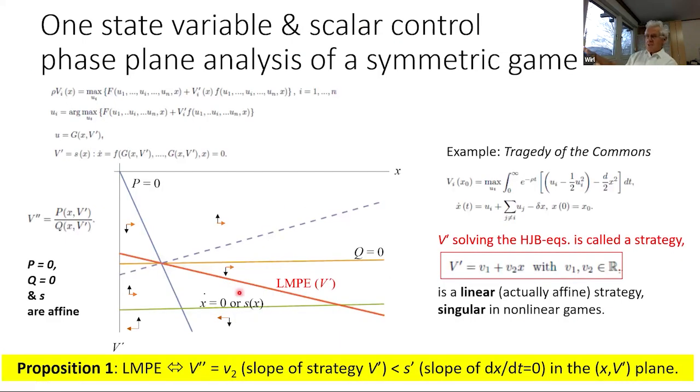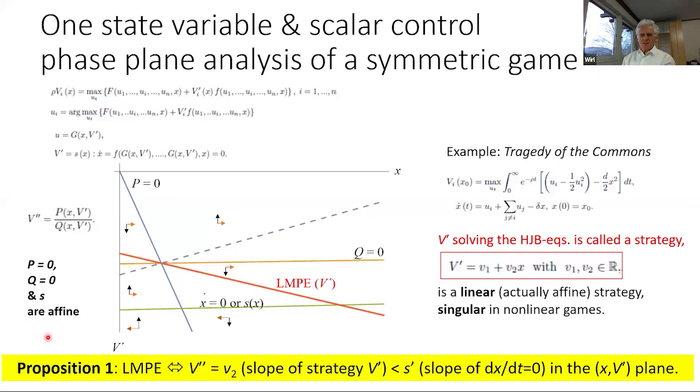If you make this more general, you have a nonlinear differential equation, then you can still apply the analysis as it's here. The only difference is that P equal to 0, Q equal to 0 and S dot equal to 0 will not be any more straight lines, but you still get the result that the singular Markov perfect equilibrium must pass through the intersection with P and Q equal to 0.